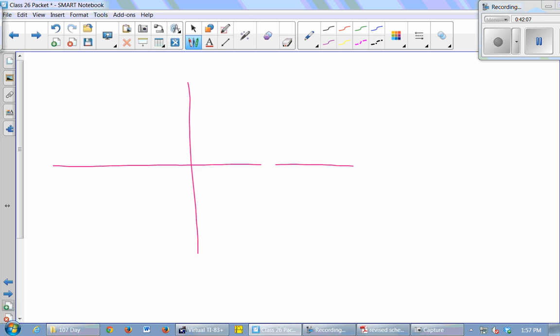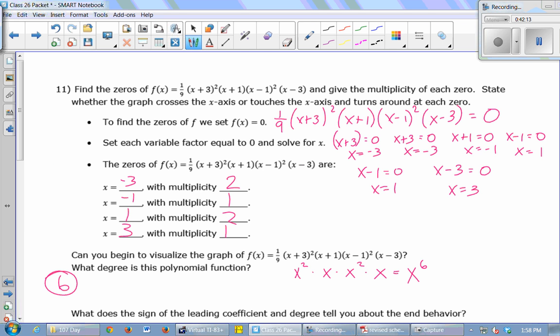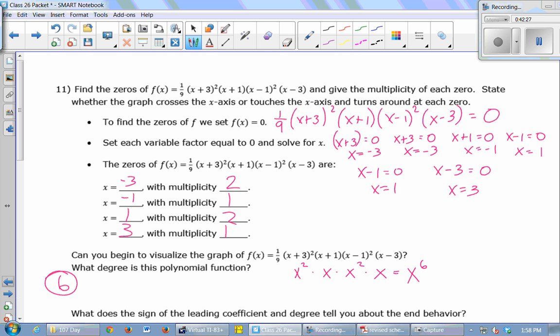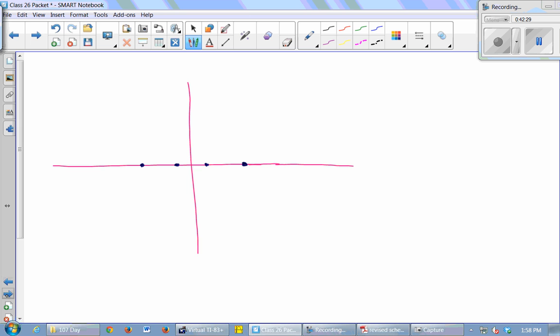And I know I've got zeros at -3, -1, 1, and 3. And -3 has multiplicity 2, which means it bounces off, and my end behavior is both arms up, right?